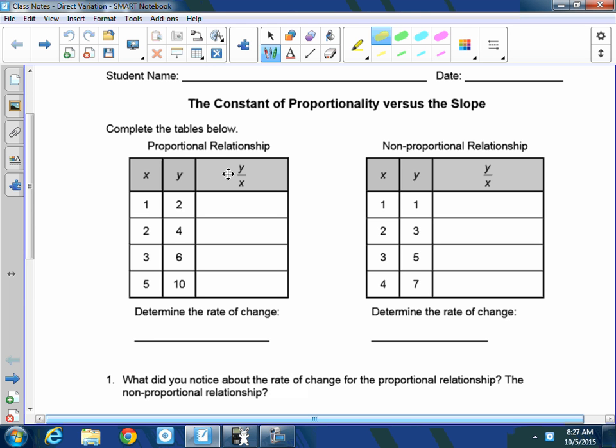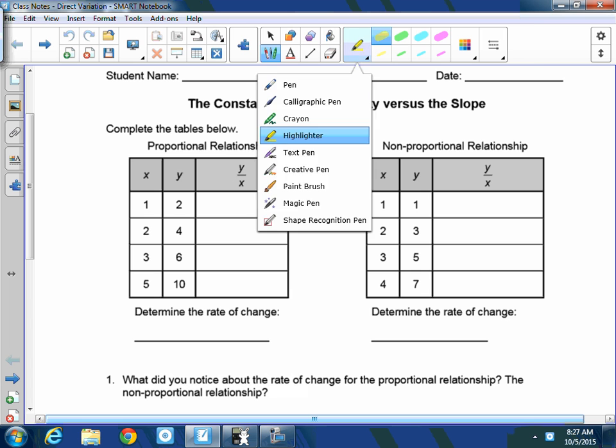All right. So get your calculator and let's go ahead and divide. All you have to do to find out if the function is proportional or not, you're going to say y divided by x. Okay? So I'm going to write it and then I'm going to write the answer. So in here it would be 2 divided by 1, which is 2.